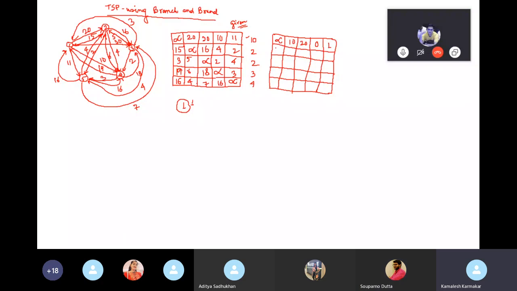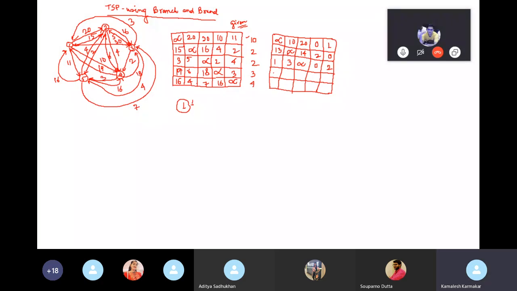If we reduce it for the second row, this value will be 13, infinity, 14, then 2, then 0. In case of the third row, the minimum is 2. So 1, 3, infinity, 0, 2.